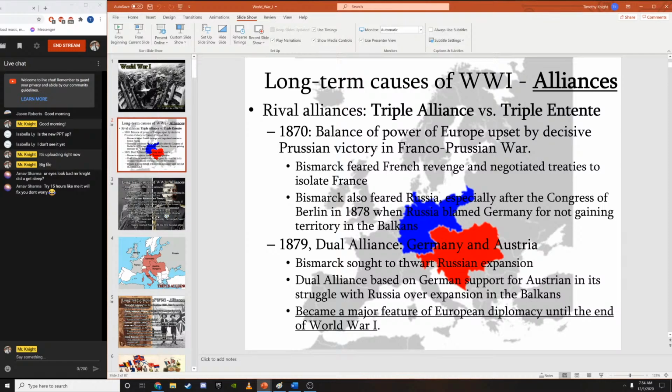There's kind of two developing major factions of rival alliances, what we call the Triple Alliance and the Triple Entente. Okay, and these two rival alliances started developing quite early in the 1870s.